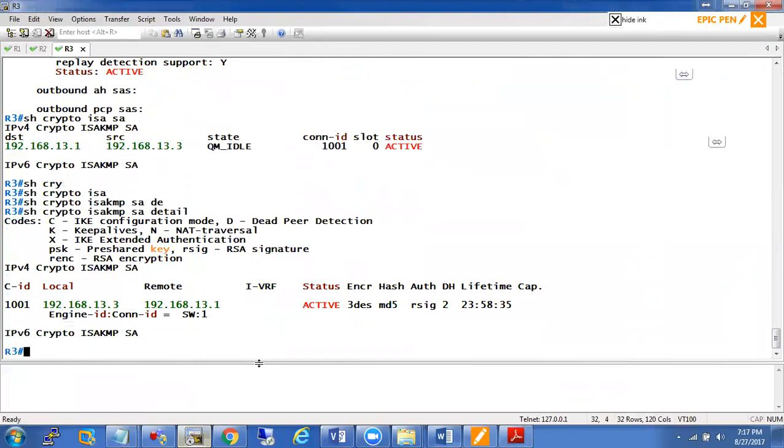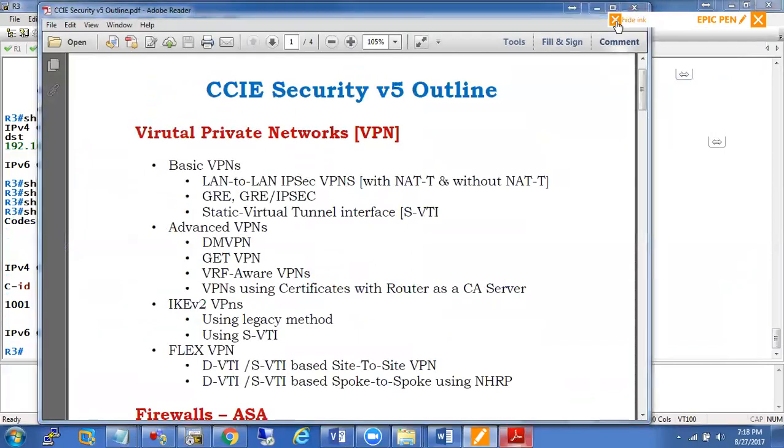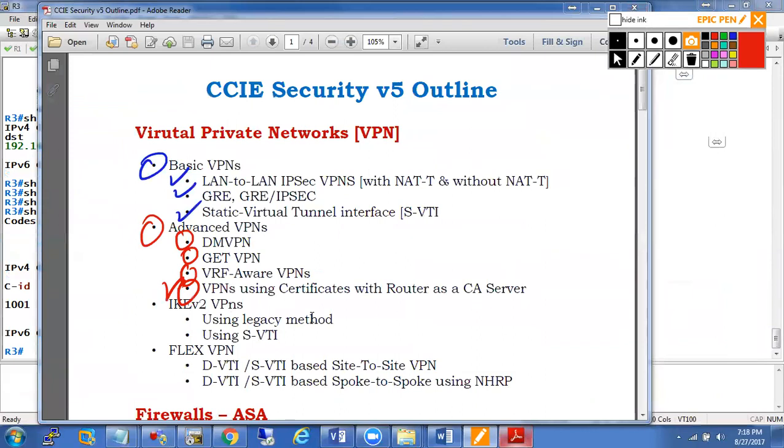Good. So coming back over here, this part is done. Now we get into IKEv2.